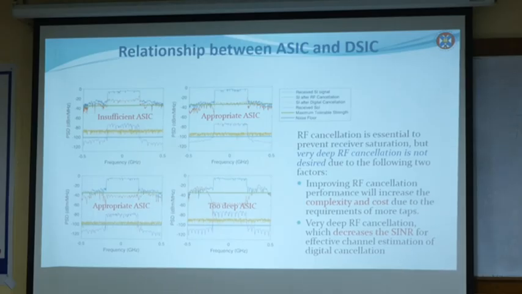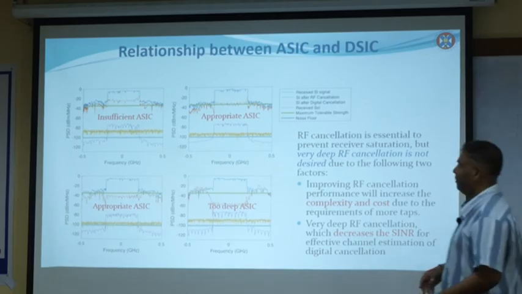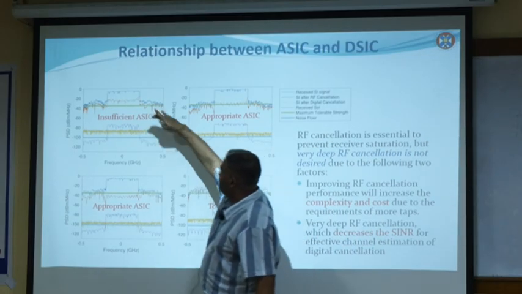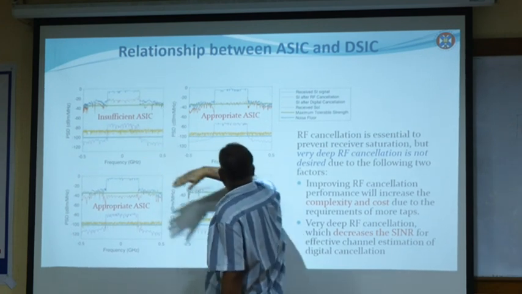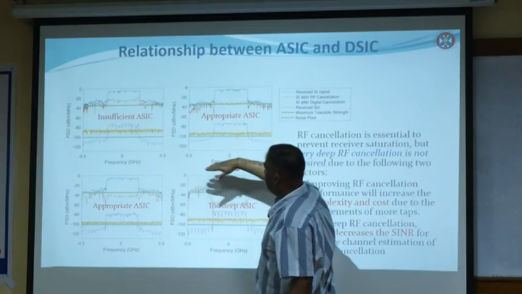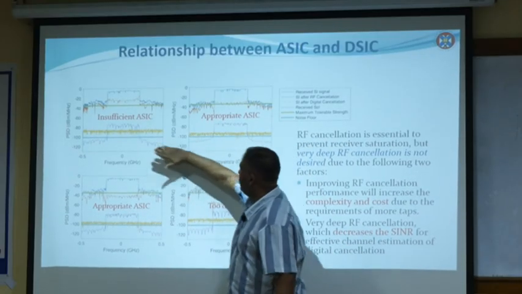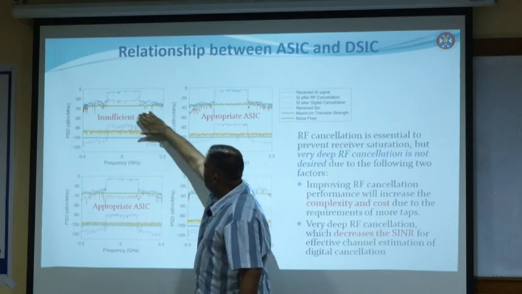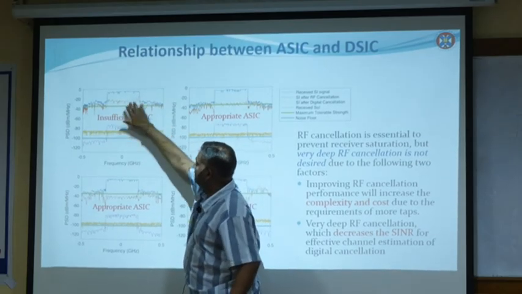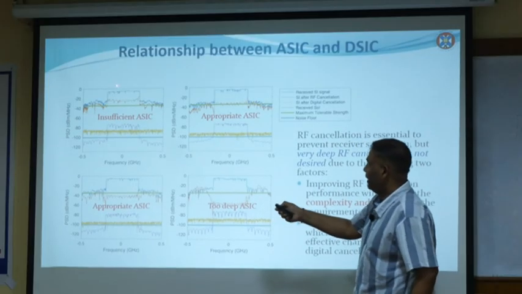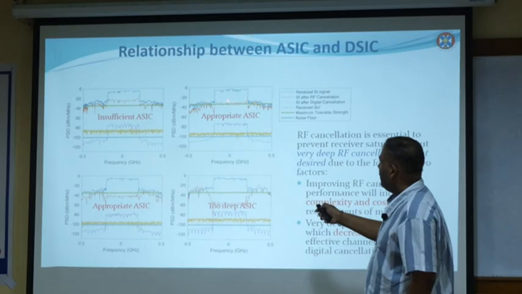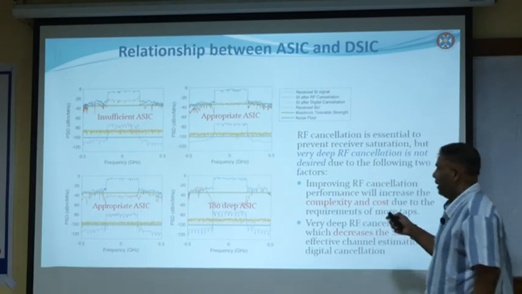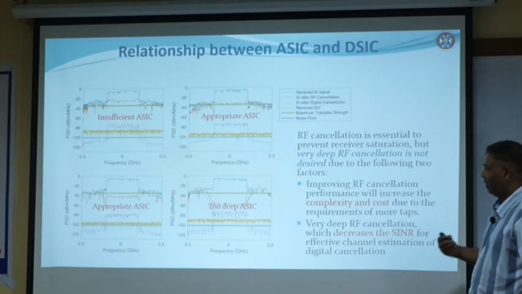Again, you need to cancel the self-interference in the analog domain to an appropriate level. For example, this is a self-interference channel signal, and this is the noise floor. This is a self-interference cancellation done from here to here. That is insufficient cancellation. And you also shouldn't cancel too much.